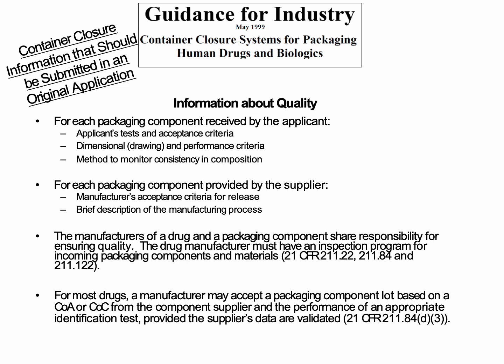For each packaging component received by the applicant, the applicant's tests and acceptance criteria must be provided. Then dimensional drawings and performance criteria must also be provided, and a method to monitor consistency in the composition of the container closure must also be provided.